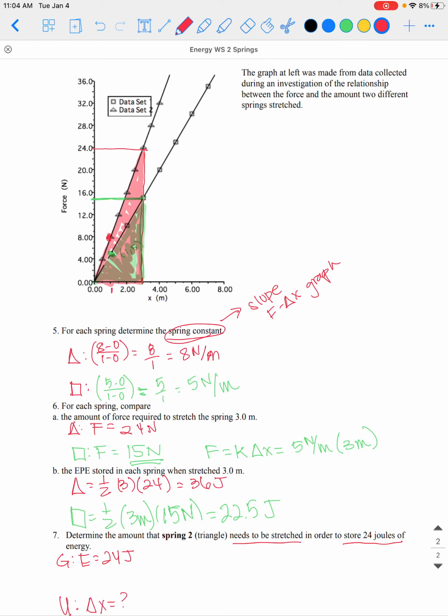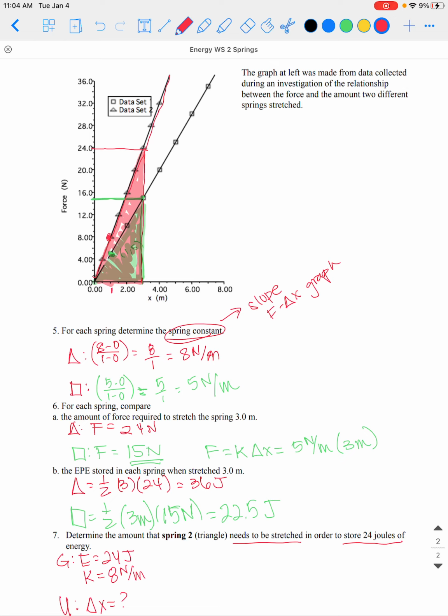Now, we're focused on spring number 2, which is my triangle. Data set 2, which is this one right here. And we're only given one piece of information, it seems, but we also know something about the spring, which is the spring constant. And we solved for that in question number 5. The spring constant is 8 Newton meters.